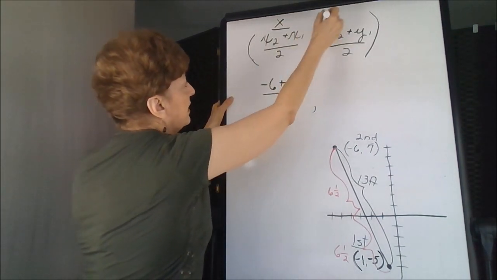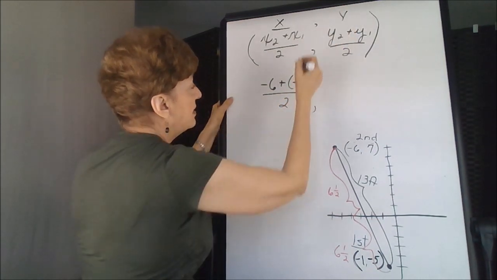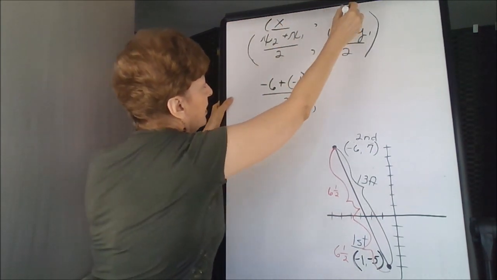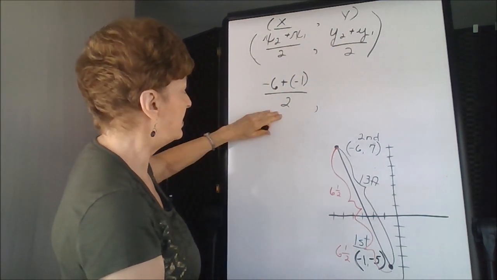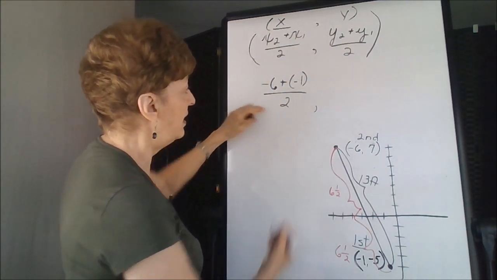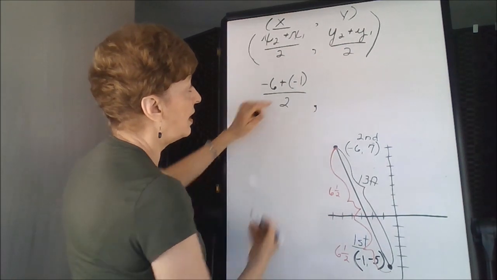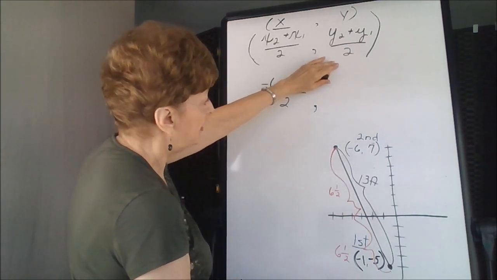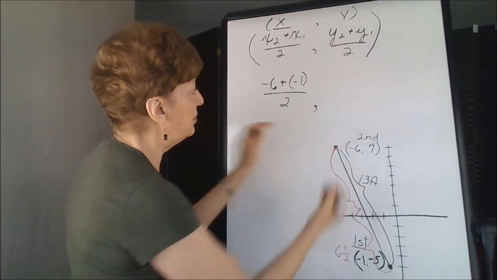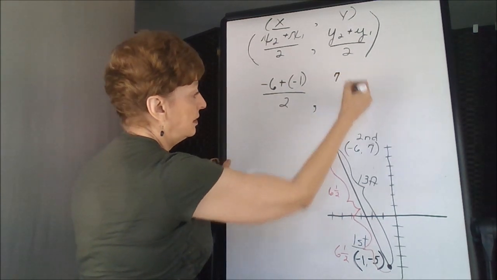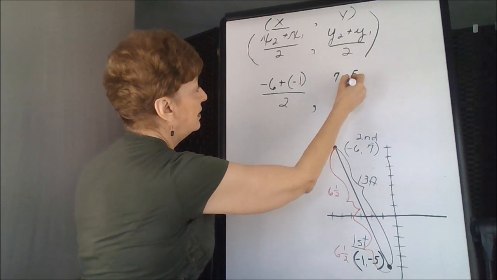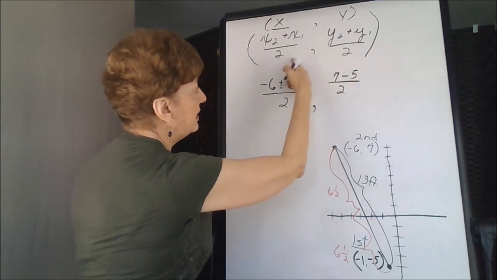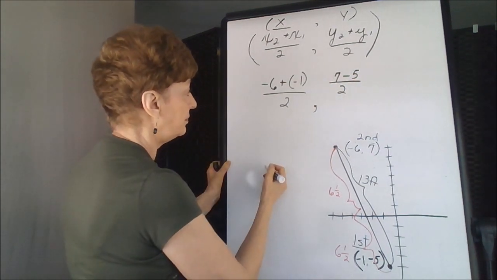Over here, we're going to get the y value for it. So our ordered pair is going to have an x and a y section to it. This is going to be the x section, and I have a comma. Now I'm going to work on the y. Taking the y value, 7, and the y value of the first point, -5, divided by 2, following this formula.